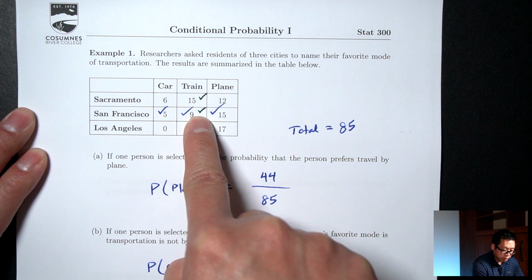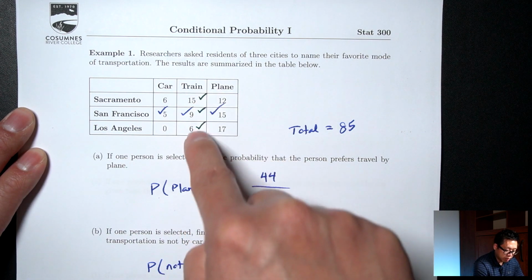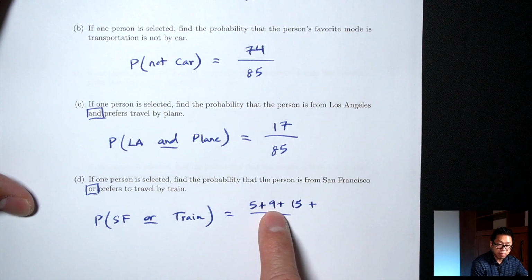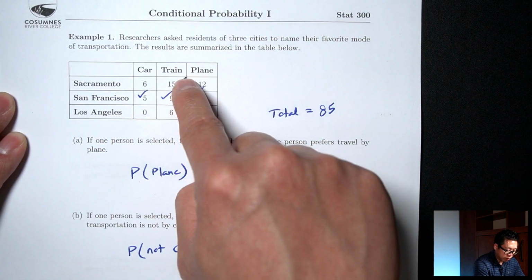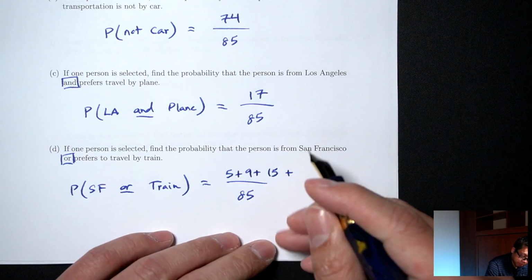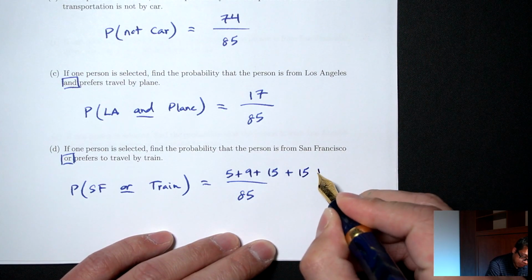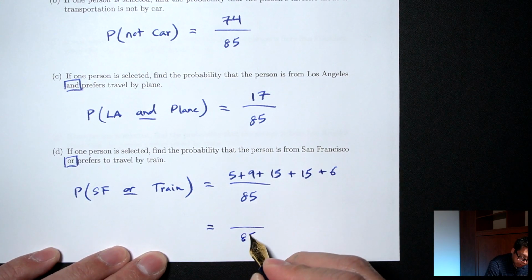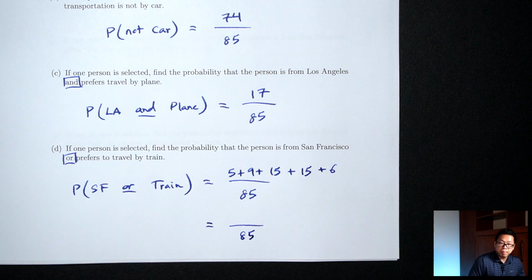So for the train numbers, I just need to add on the 15 and the 6, because the 9 I already got when I did the San Francisco numbers. So the new numbers will be the 15 and the 6. Okay, the bottom's 85. The top, let's add those up. 5 plus 9 plus 15 plus 15 plus 6. 50.